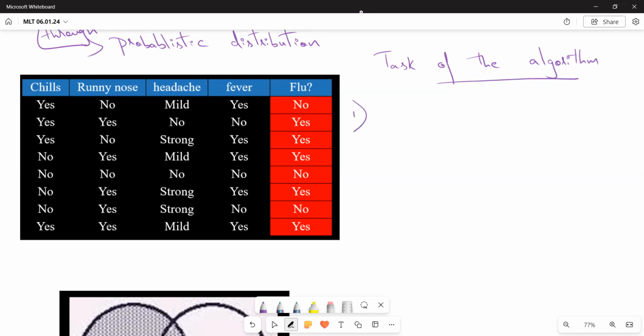The first one is to look at the evidence, and the second one is to determine the likelihood of a specific class.